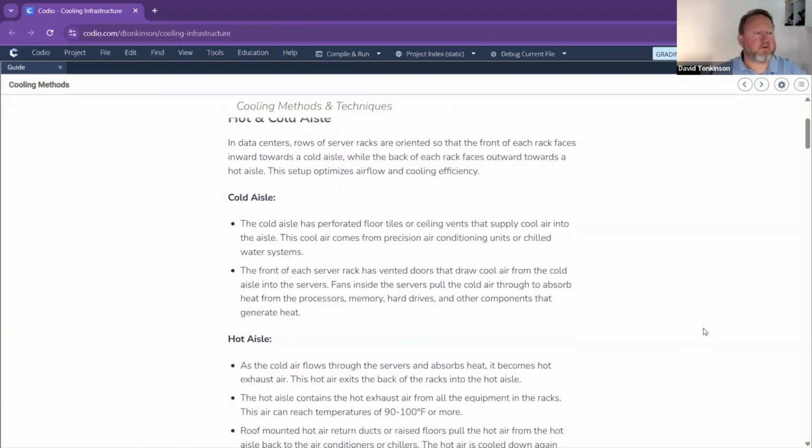So, cold aisle. Who's been around a data center before? Show of hands, who's been around a data center? Good, that's smashing. Daniel's seen one. Catherine showed me two eyes, I assume that's a yes.